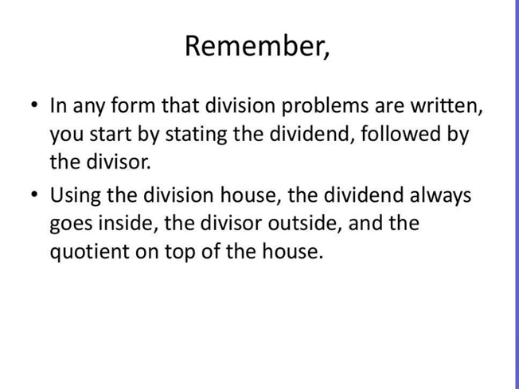Remember, in any form that division problems are written, you start by stating the dividend, followed by the divisor. Using the division house, the dividend always goes inside, the divisor outside, and the quotient on top of the house.